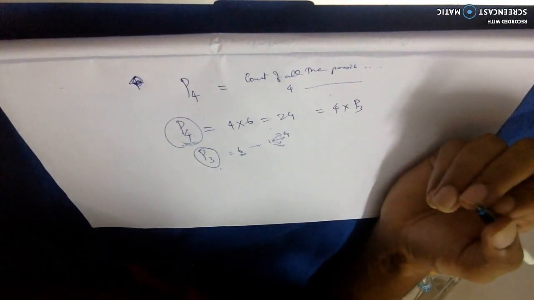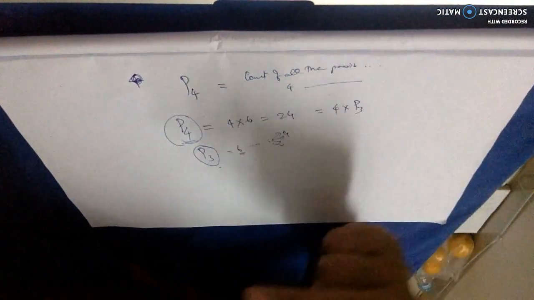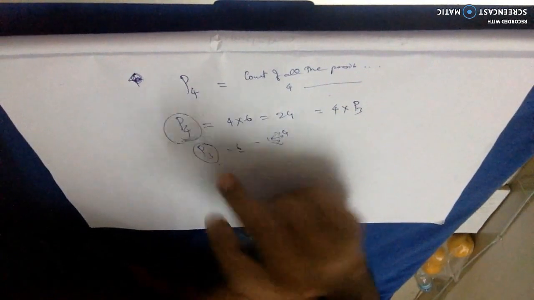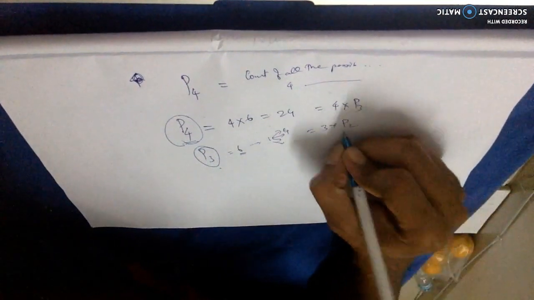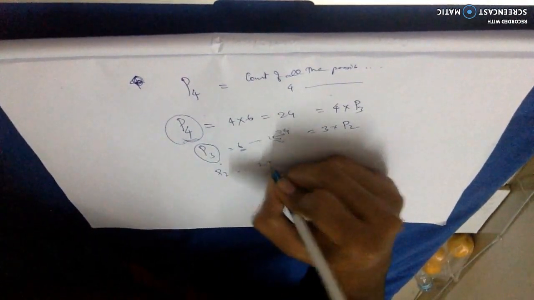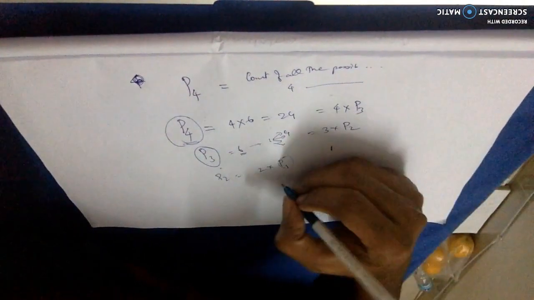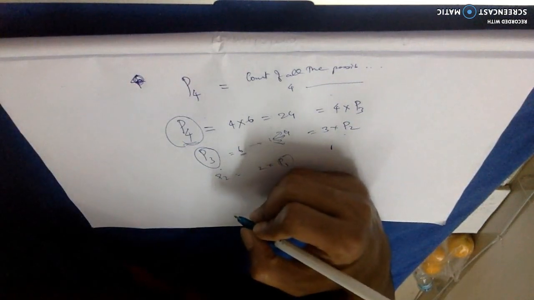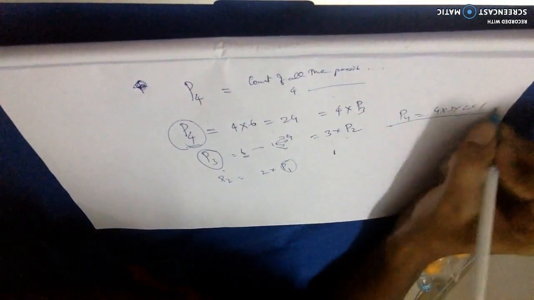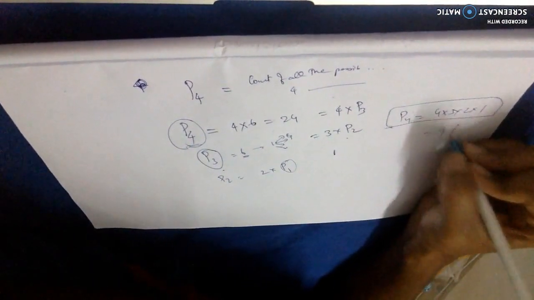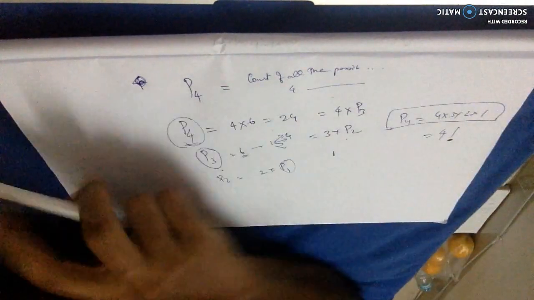Similarly, if you follow the logic properly, you can give the same logic for P3 and say that P3 is equal to 3 into P2, and P2 is equal to 2 into P1. And how many different ways can you arrange one person? Only one way, so that's just 1. So basically P4 will then become 4 into 3 into 2 into 1. So this is one way of seeing how this formula works.